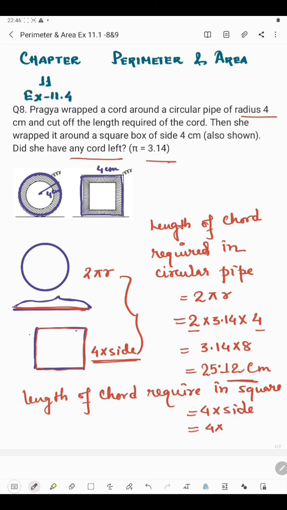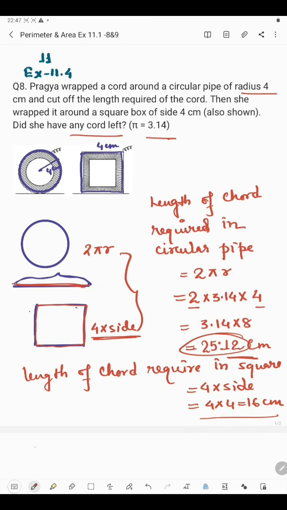So 4 into 4, 16 cm will be the length of the cord required to wrap around a square box. Now we need to find how much cord is left with her. So this was the length required to form a circle, right? And with this cord she wrapped around a square box. So from here, if you subtract 16 cm, then you will get the length of cord left.